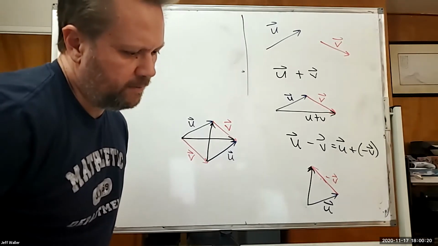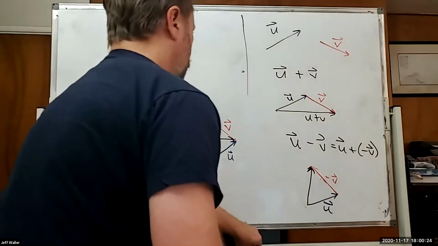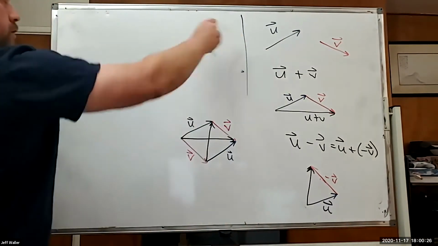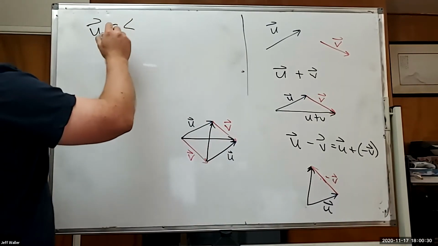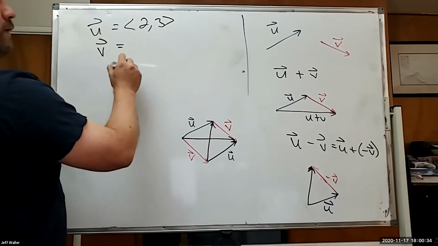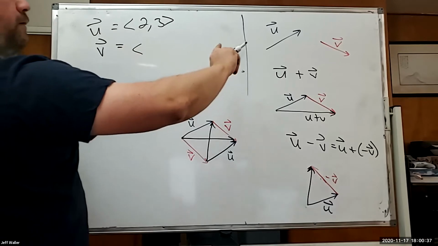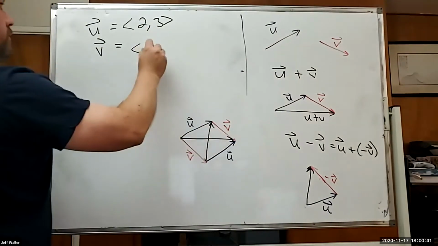Okay, we'll do that. So if U is something like 2, 3, and V is something like 1, -1.